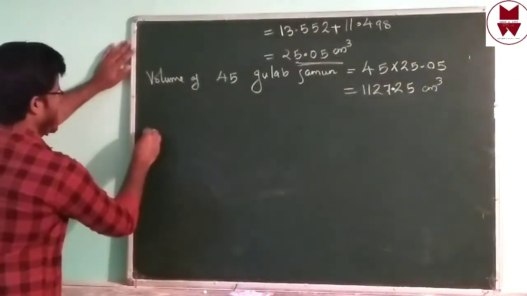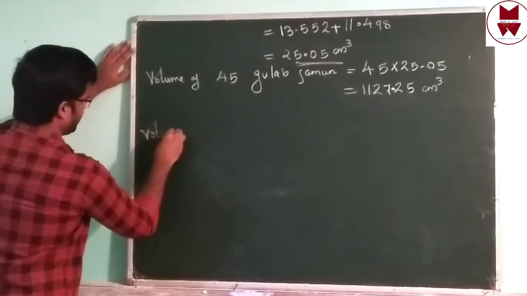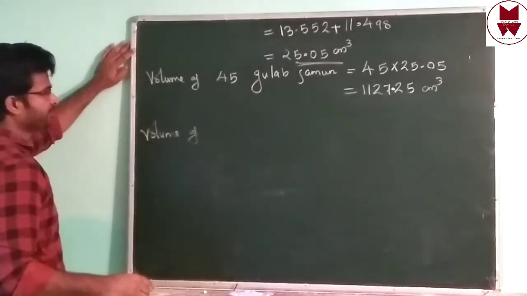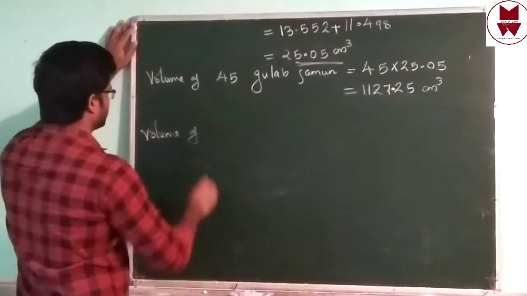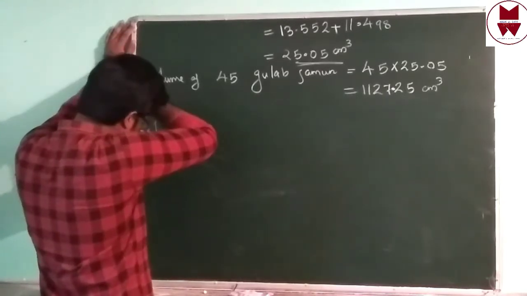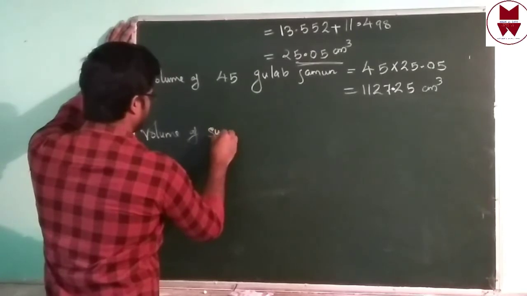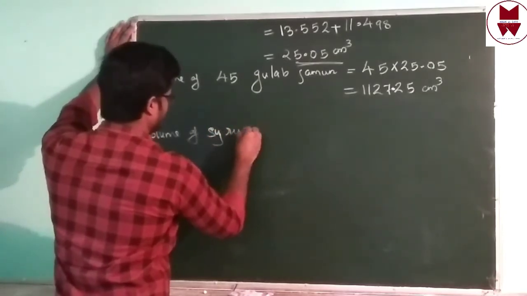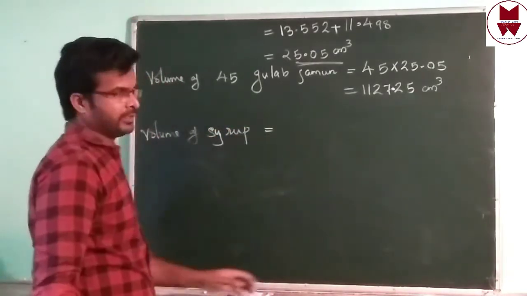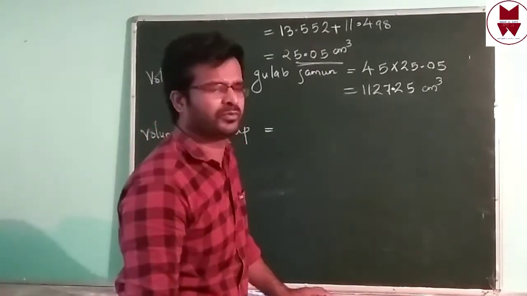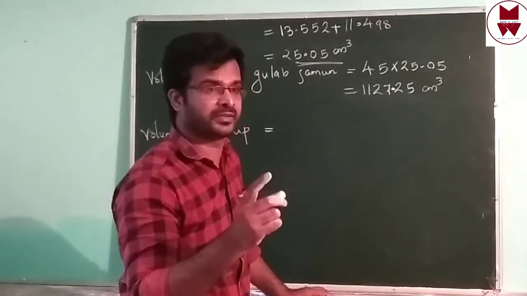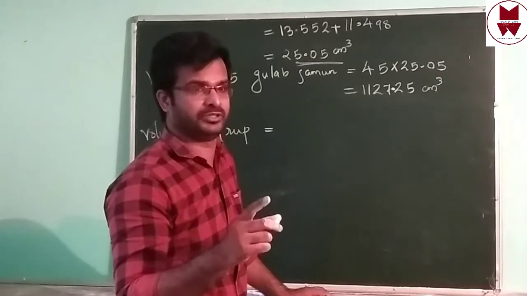Then the volume of syrup equals, in the question one condition is given. What is the volume of syrup? 30% of total gulab jamun, isn't it?